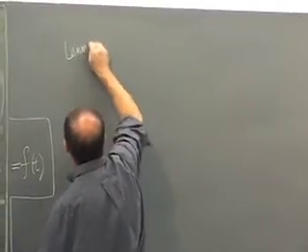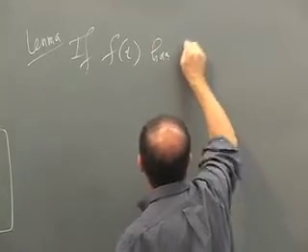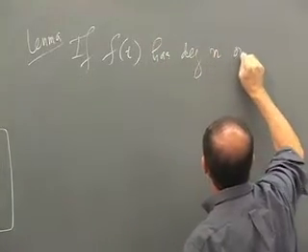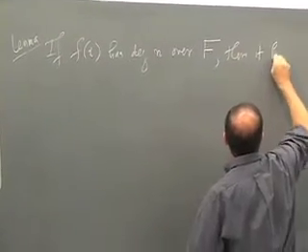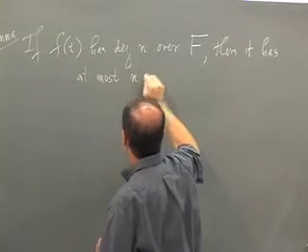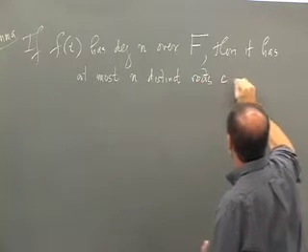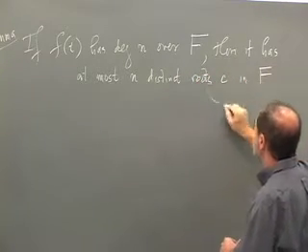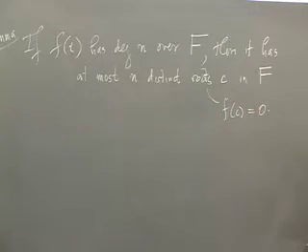Lemma: if f of t has degree n over a field F, then it has at most n distinct roots c in F. Roots means points where f of c is equal to 0. So for a transformation of a two-dimensional space, you can have at most two different eigenvalues. You may have none.